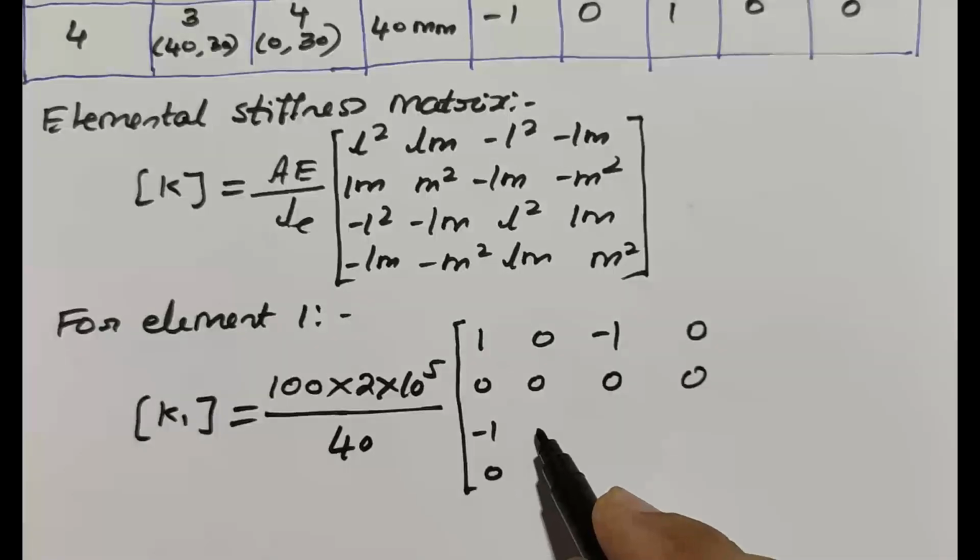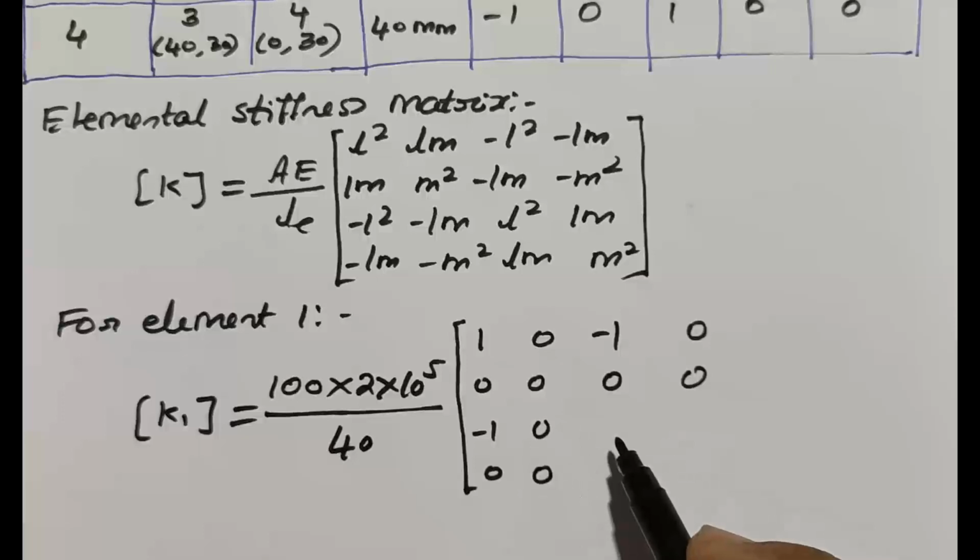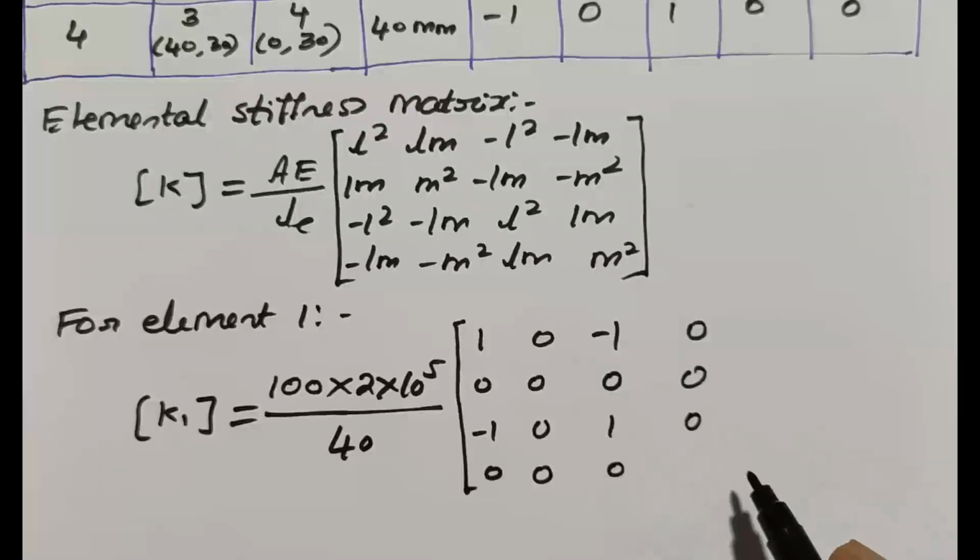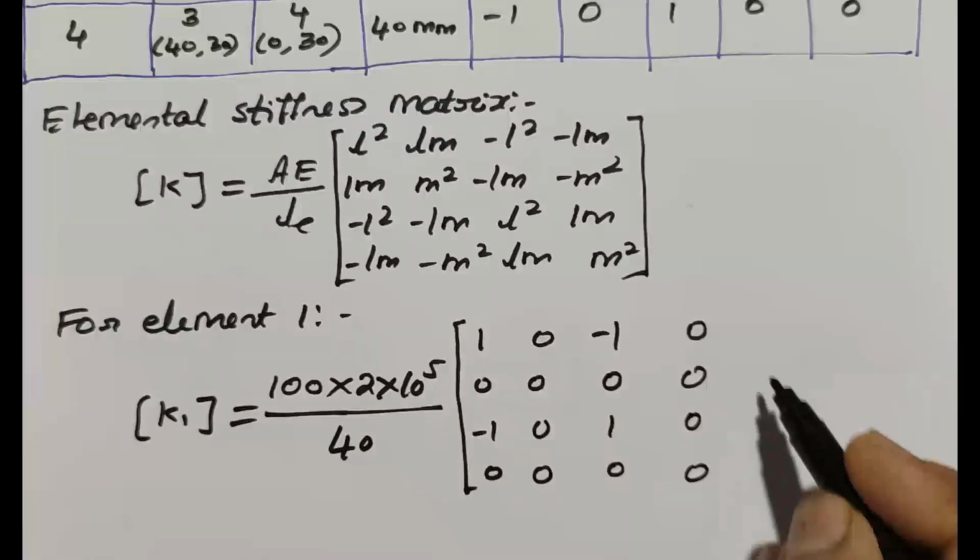Due to symmetry, I can write the second column here 0, 0. Next L square for the first element is 1, LM is 0, this becomes 0, M square is 0.